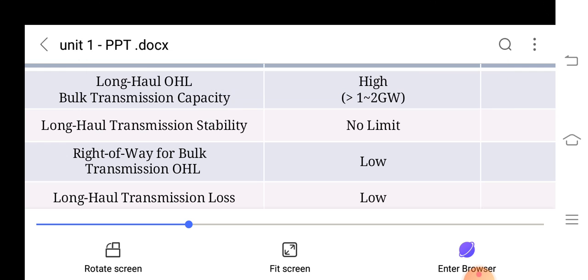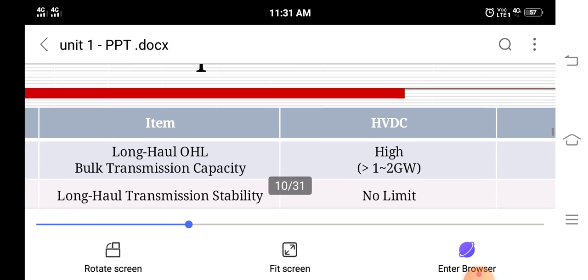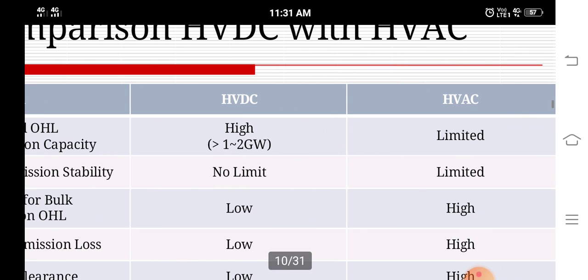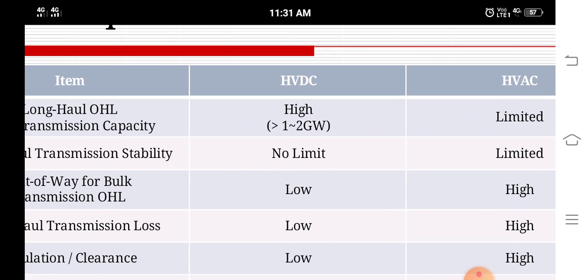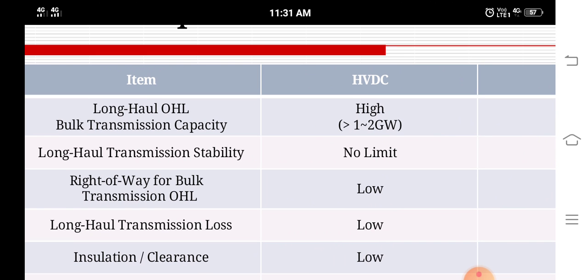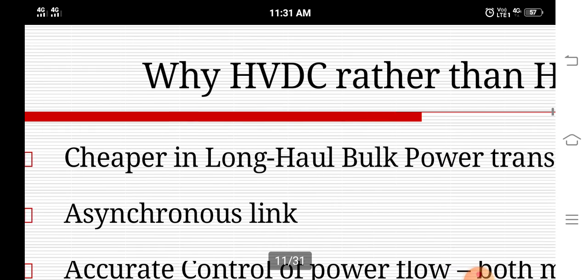Comparatively, these items relate to HVDC and HVAC power transmission features. So kindly look at this.